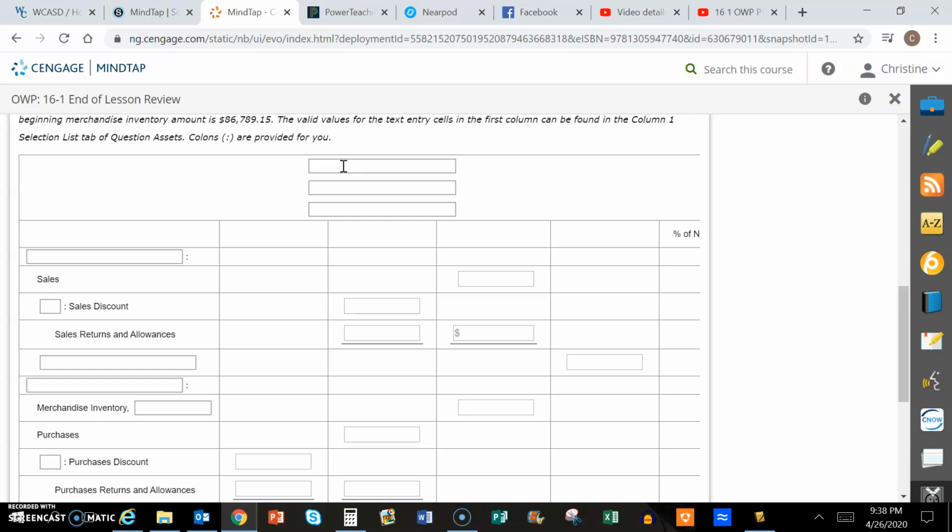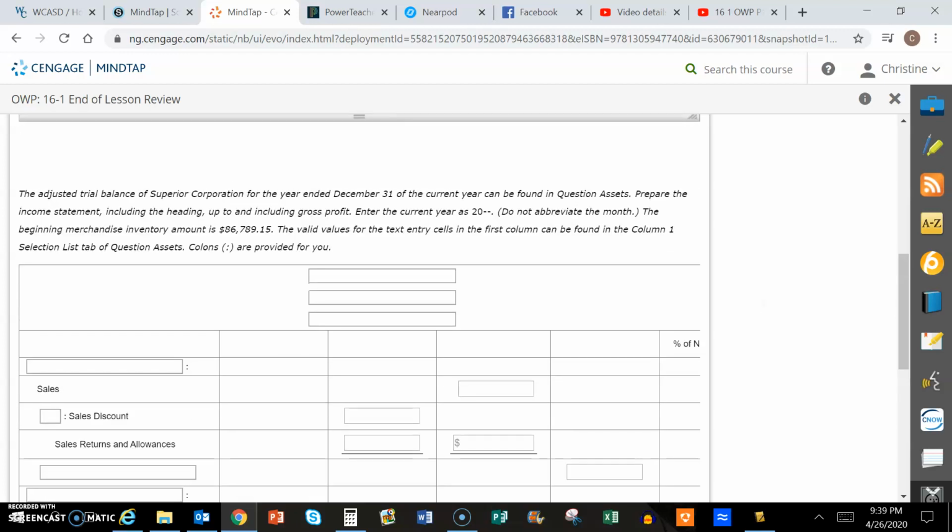So financial statements, first thing we do is a 3-line heading. It's who, what, when. The income statement's when is going to be for a period of time, so it's going to be for the month ended or year ended. This says for the current year, so that's going to be for the year ended. So who is Superior Corporation?